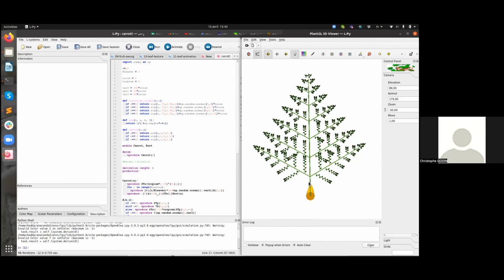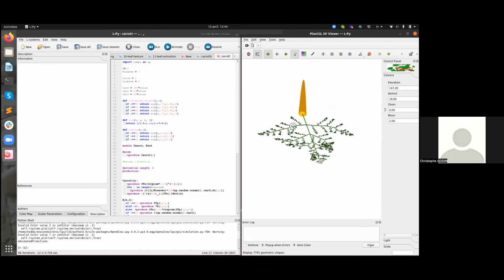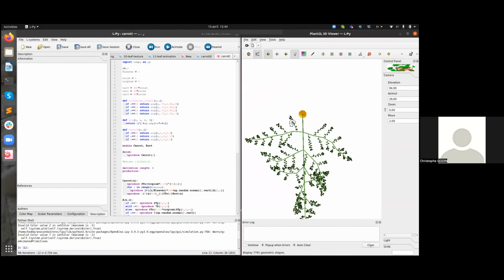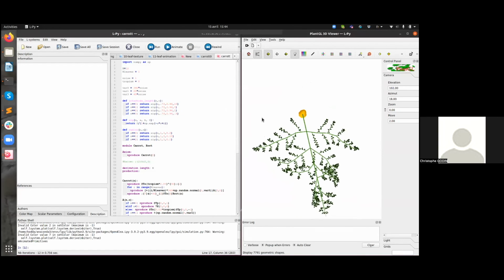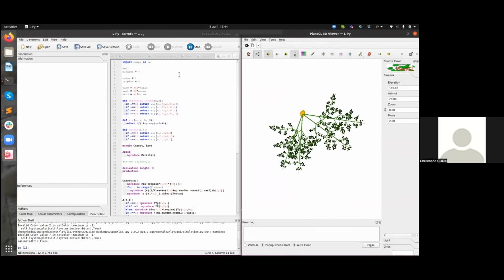This is the very perfect leaf, and then I wanted to have it more realistic, so I added some noise. Now we have the leaf with a much noisier pattern.